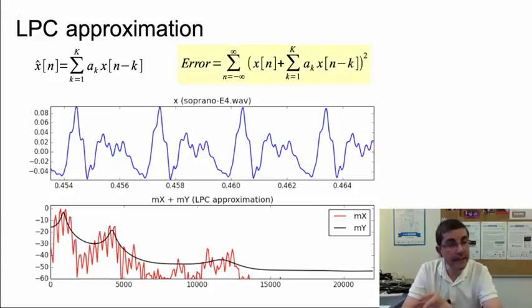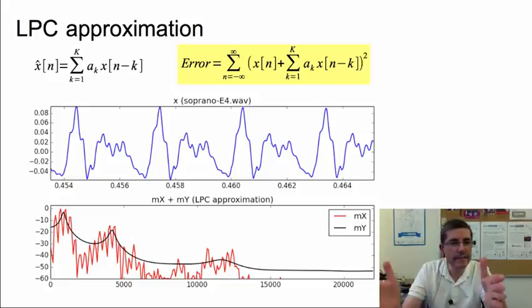So we define an error function that is the sum of the squared difference between the original signal and this approximated signal, and we sum originally from minus infinity to infinity. Of course, then we will narrow down to finite length signals.